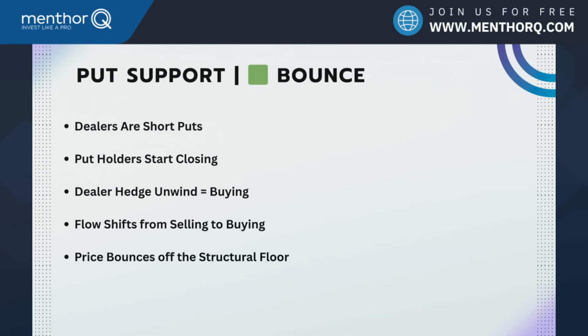So if the dealers are starting to buy back those shorts, then again, we could see lower selling pressure, and we can start seeing buying pressure again, and that's why we call it put support. So that's why the price kind of bounced back on this floor.